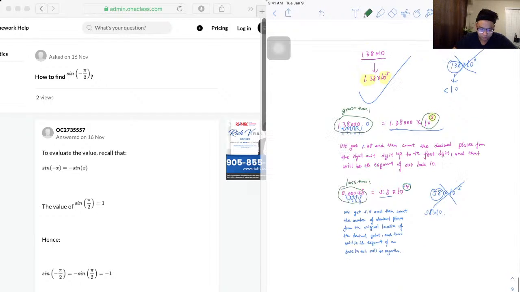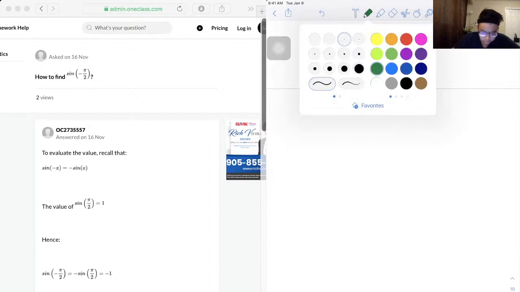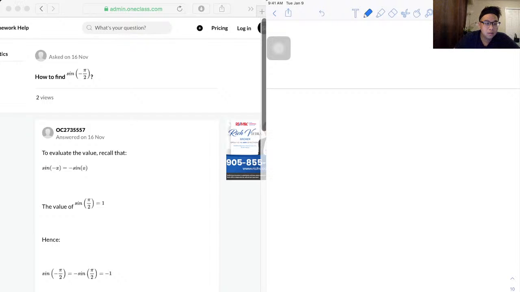Right, so coming up, we need to find out the value for sine -pi/2. Before jumping to this question, recall that there's a property that sine -x is just equal to negative sine x. We can just take the negative sign out.